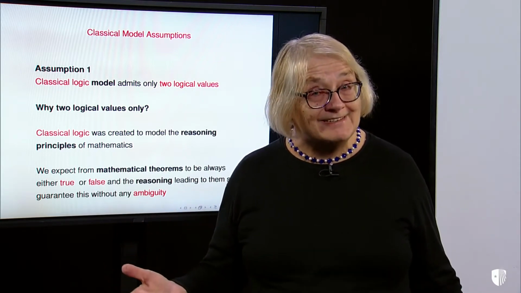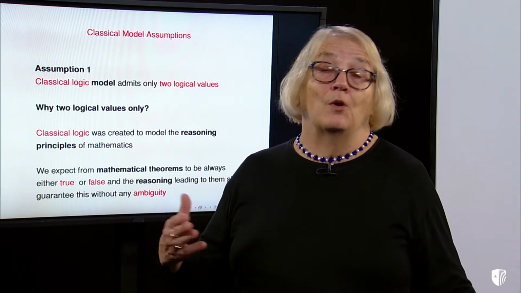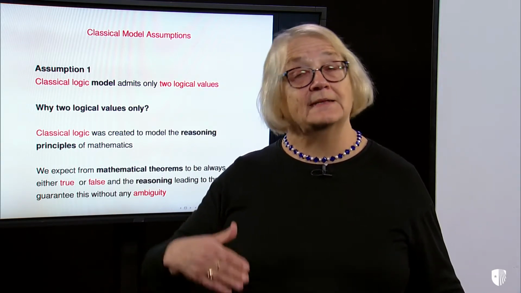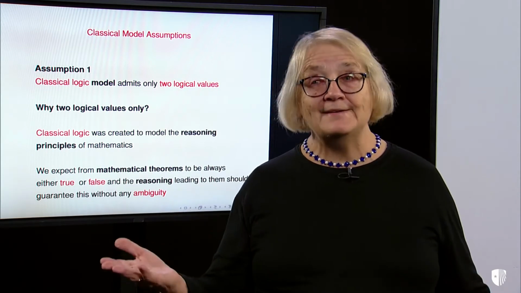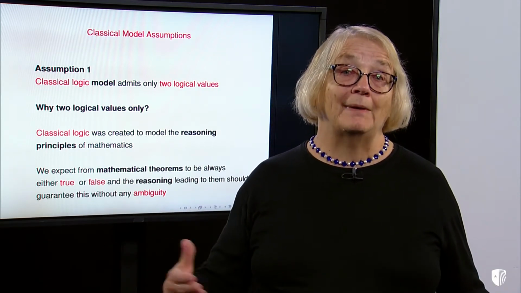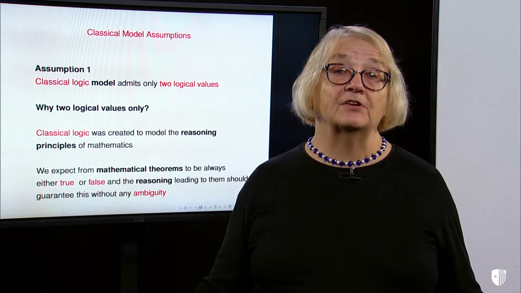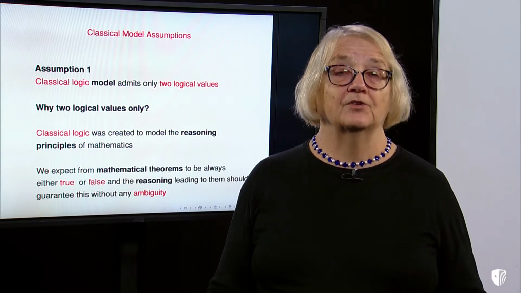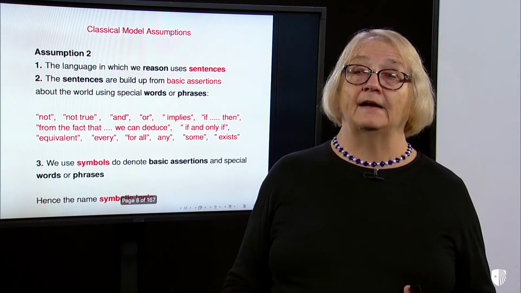Because it was created to model the reasoning of mathematics. So that's why it's black and white, because of course we want mathematics to be always true or false. So that's why the logic has only 2 logical values.